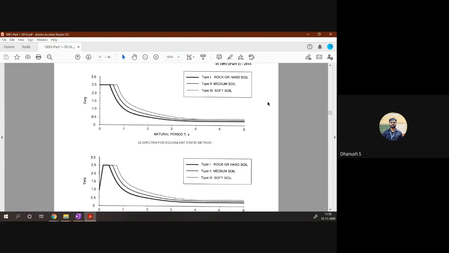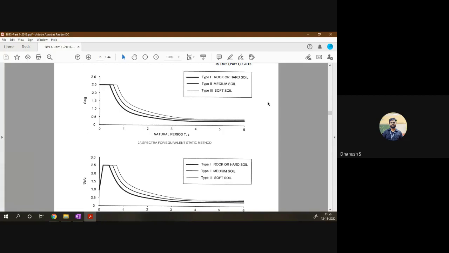Okay, next. Anything else? Sir, how should we see the significance of this natural time period with and without infill wall? With infill, like I said, it is stiffer. Since it is stiffer, the frequency of vibration is reduced. There is no significance with and without infill.